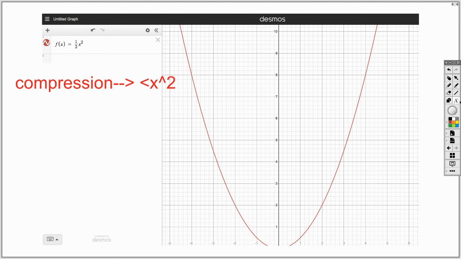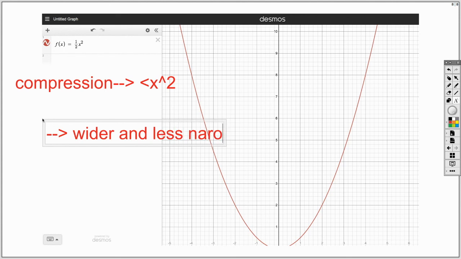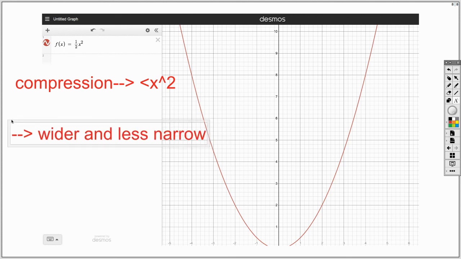That's the main takeaway of a compression: it shrinks vertically, but it becomes really, really wide. And since this is less than 1x and has become 1/2x, we can see it's smaller, making it a compression.